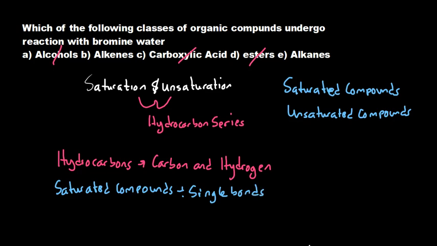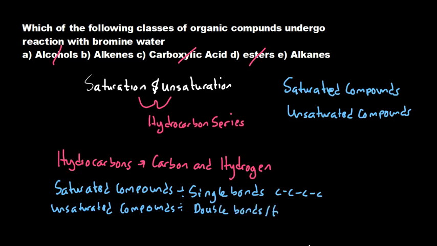For example, something like C to C to C to C, while unsaturated compounds would have what? Double bonds and triple bonds.